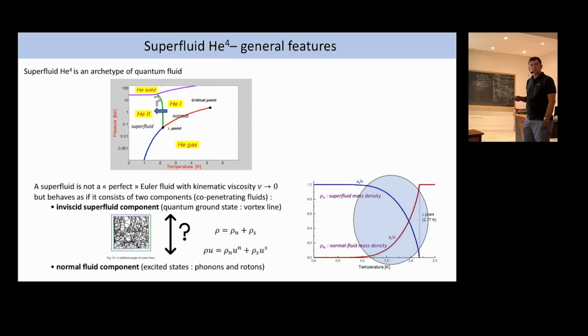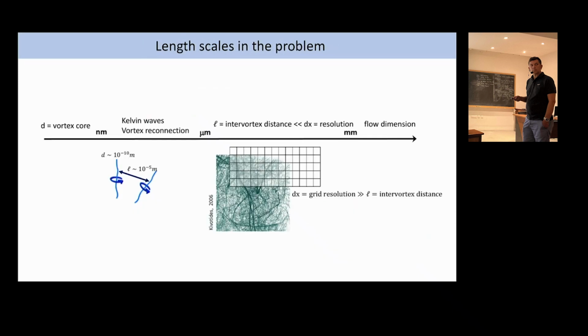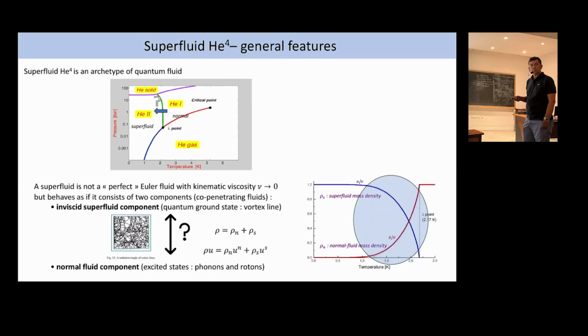Liquid helium at a temperature below 2.17 Kelvin undergoes a transition and becomes superfluid. Superfluid helium is not a perfect Euler fluid with vanishing viscosity, but behaves as if it is made of two components, an intimate mixture of two co-penetrating fluids.